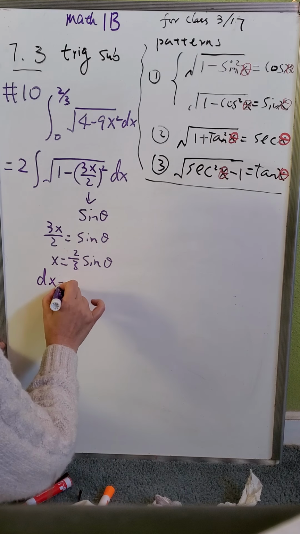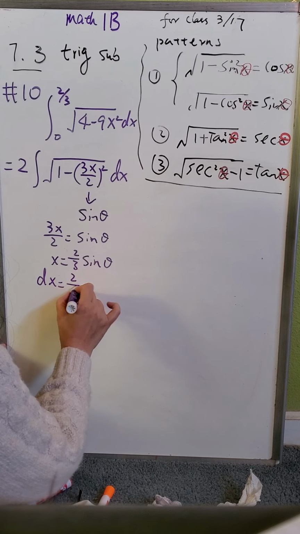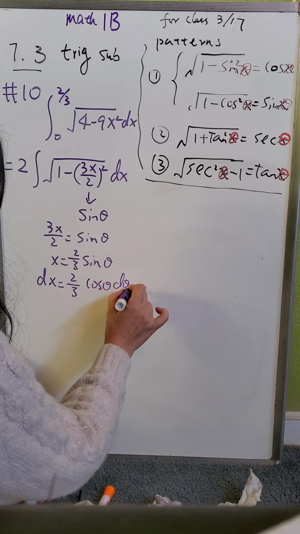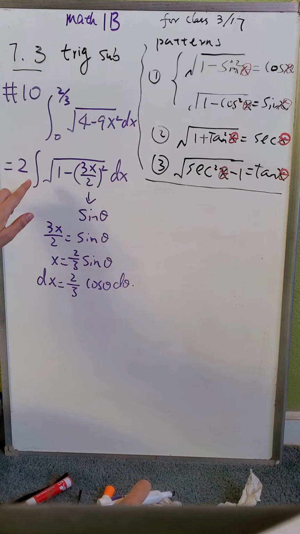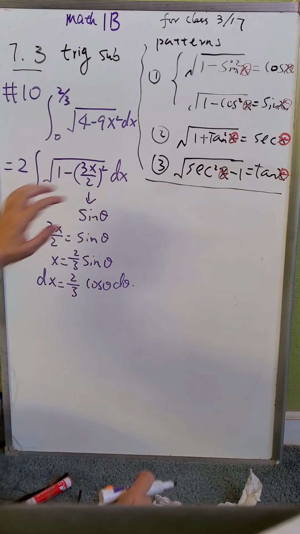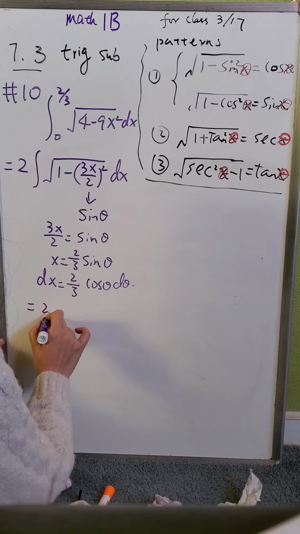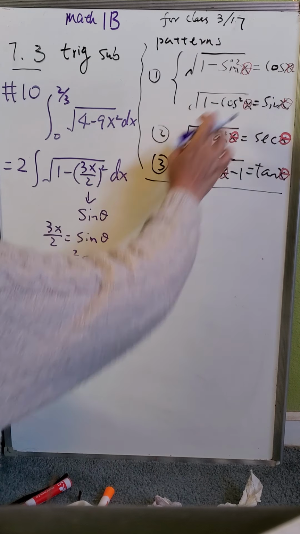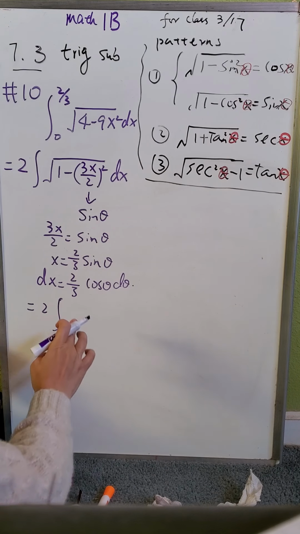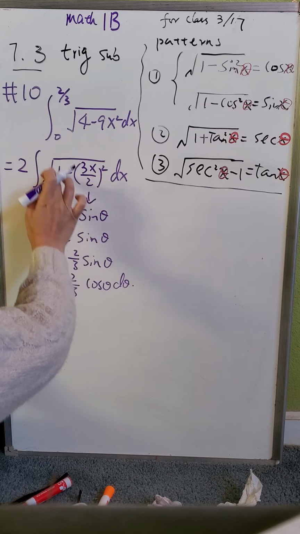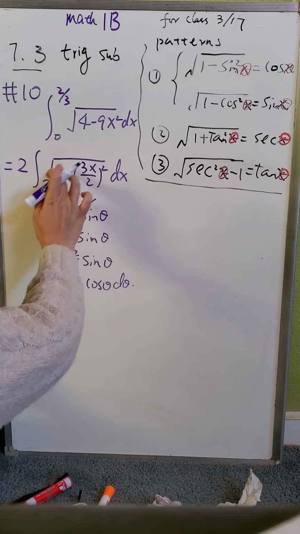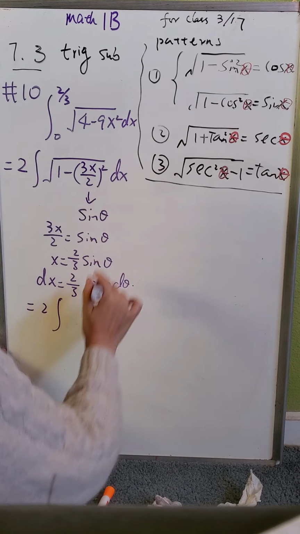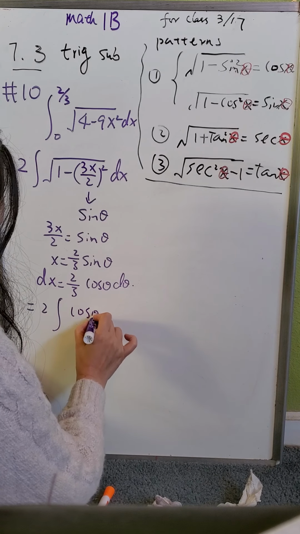So dx equals 2/3 cosine theta d theta. Okay? And then now put everything inside there, so that becomes a 2. And we know that this comes out to be equal to cosine theta, is that right? So this one, you don't need to do anything, okay? Just equal to cosine theta.